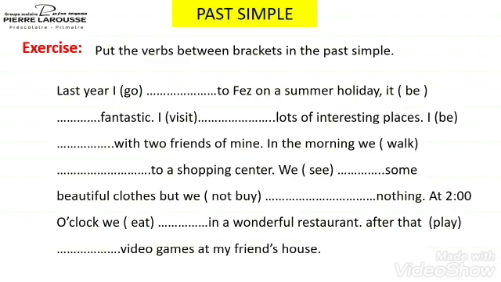Last year I, so you have the verb go, to Fez on summer holiday. It, and you have the verb be, fantastic. I, so you have visit, lots of interesting places. I, be, with 2 friends of mine. In the morning we, you have the verb walk, to a shopping center.